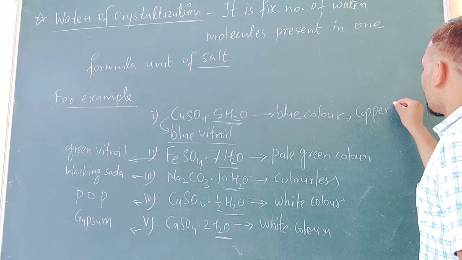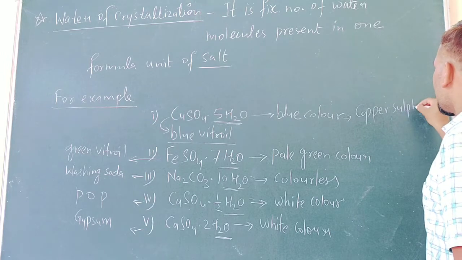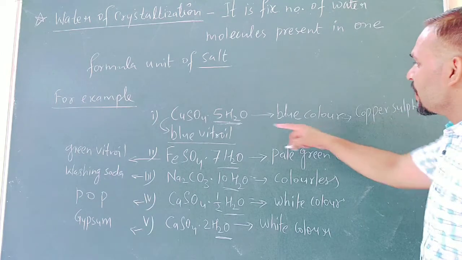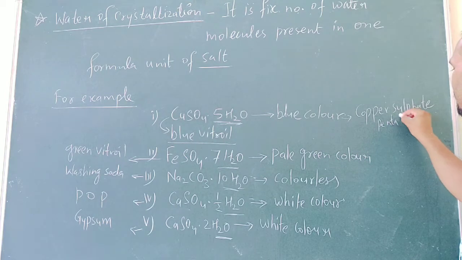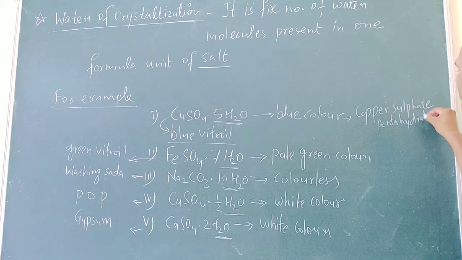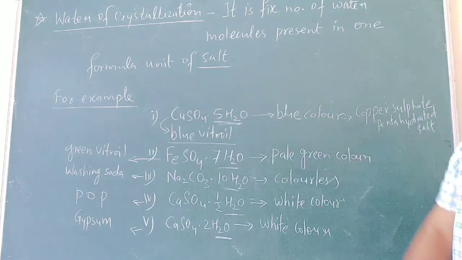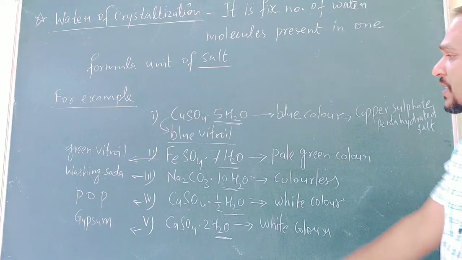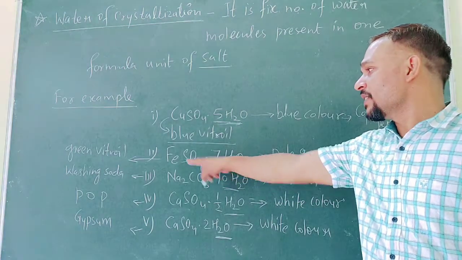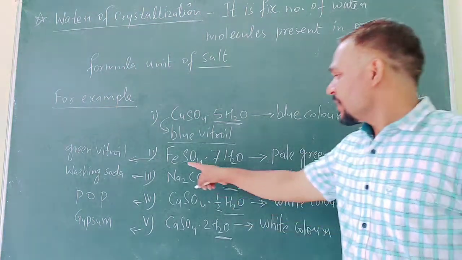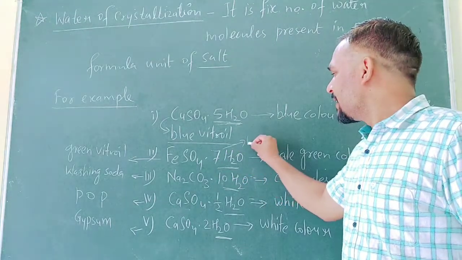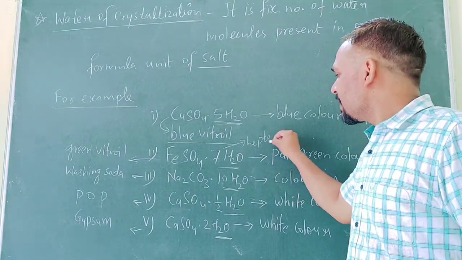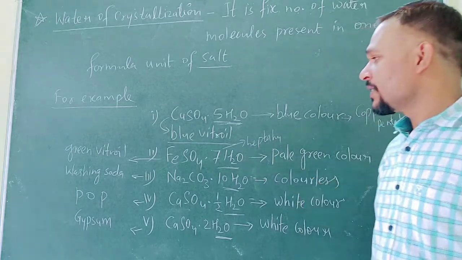The chemical name of blue vitriol is copper sulfate pentahydrated salt, with 5 water molecules. Similarly, the name of green vitriol is iron sulfate heptahydrated salt, with 7.